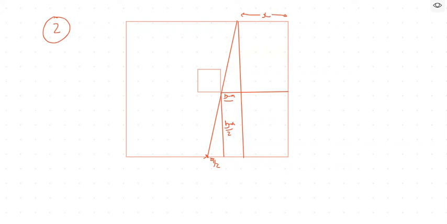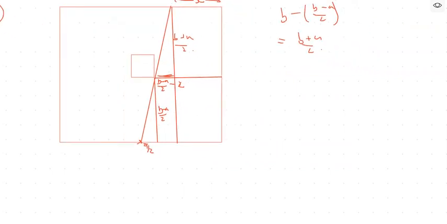(B minus A) over 2 minus X here for this bit. And what's this bit down here? It's B minus, sorry, (B minus A) over 2. (B plus A) all over 2. So this one here is (B plus A) all over 2.